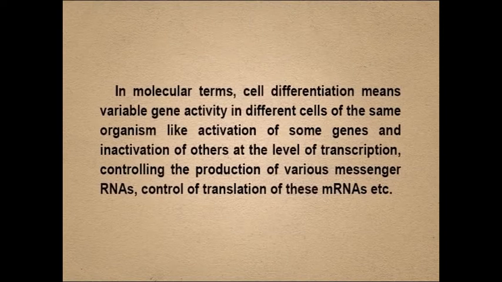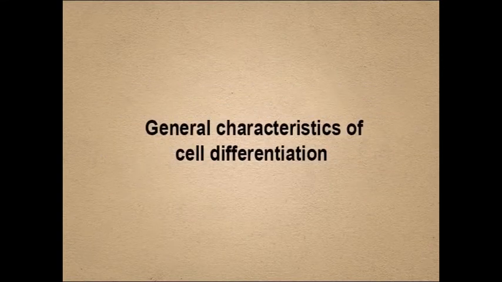In molecular terms, cell differentiation means variable gene activity in different cells of the same organism, like activation of some genes and inactivation of others at the level of transcription, controlling the production of various messenger RNAs, control of translation of these mRNAs, etc.